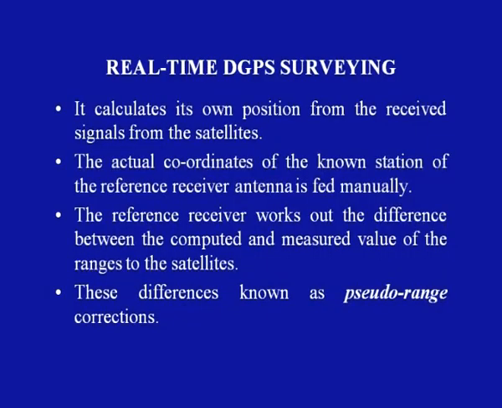It calculates its own position from the received signals from the satellites. The actual coordinates of the known station of the reference receiver antenna are fed manually. The reference receiver works out the difference between the computed and the measured value of the ranges to the satellite. These differences are known as pseudo range corrections.